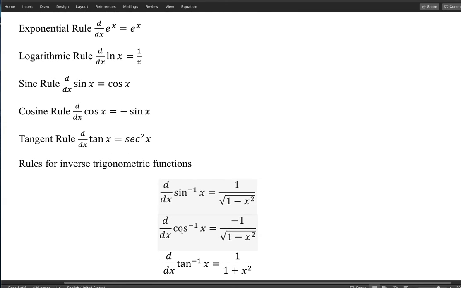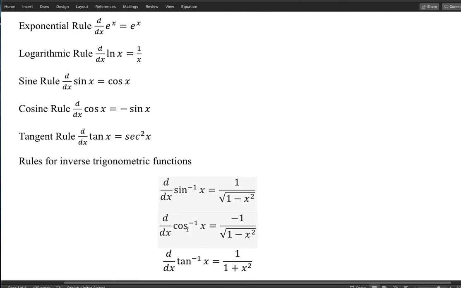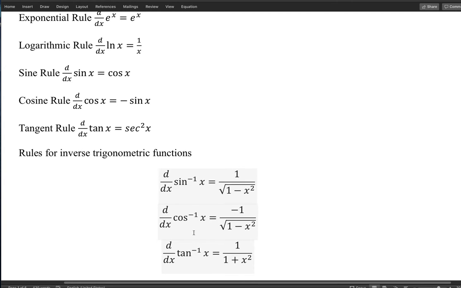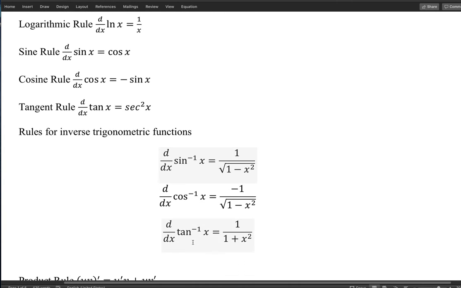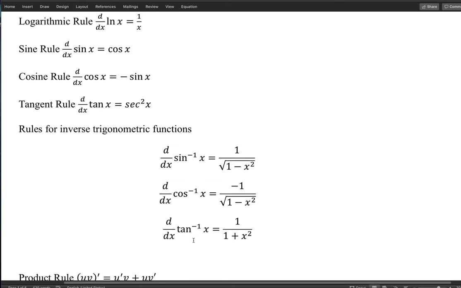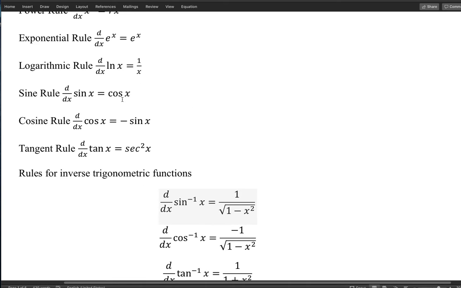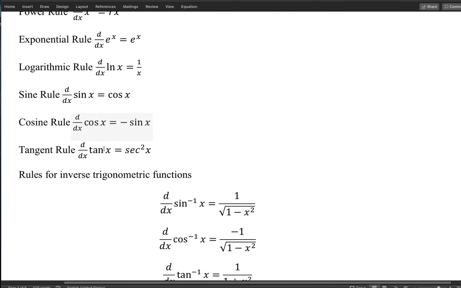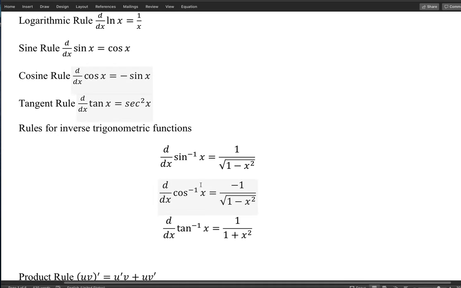And also we have cosine inverse or arc cosine, and tangent inverse or arc tangent. These are the derivative formulas. And I don't think that's a lot, right? Hopefully you agree with me. Those derivative formulas: power function, exponential function, logarithmic function, trigonometric functions, and the inverse trigonometric functions.